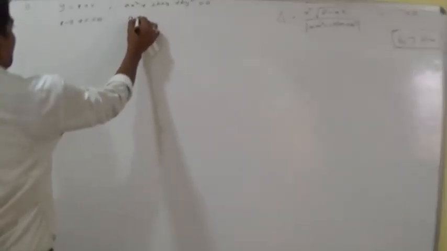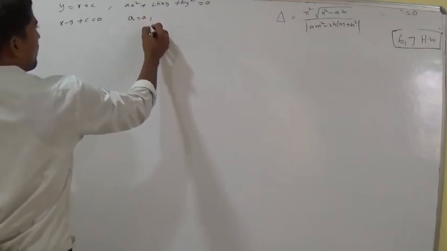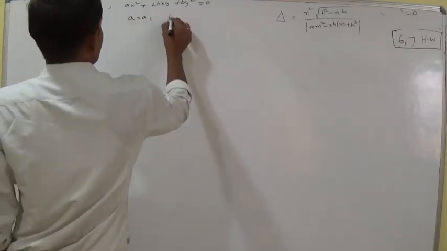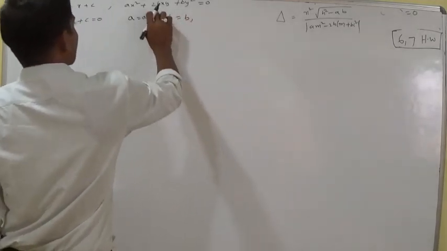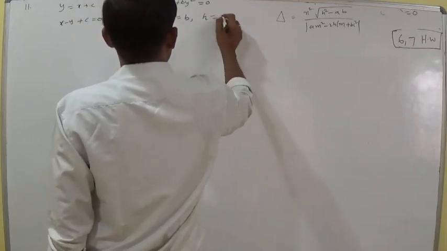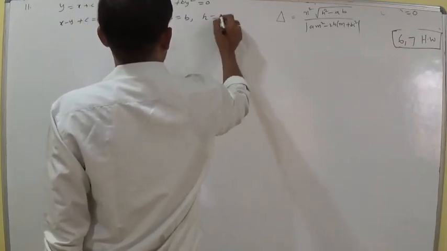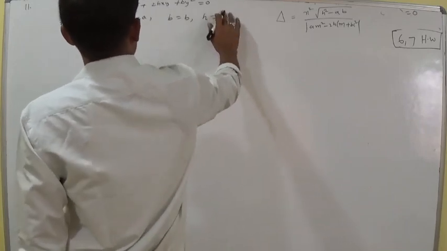Let us compare the values. a is equal to a and b is equal to b, and 2h is equal to 2h, then h is equal to 1.